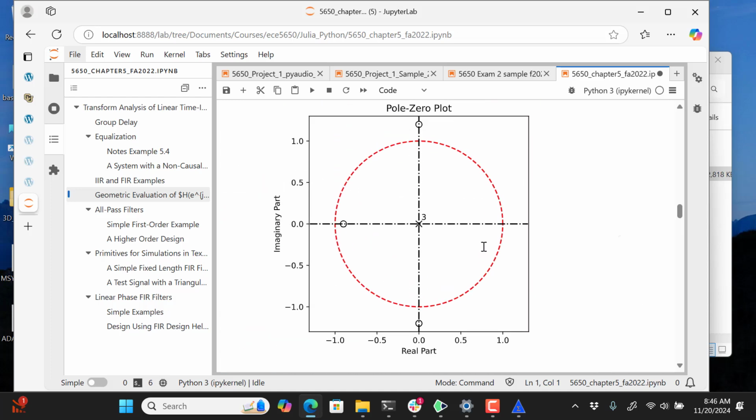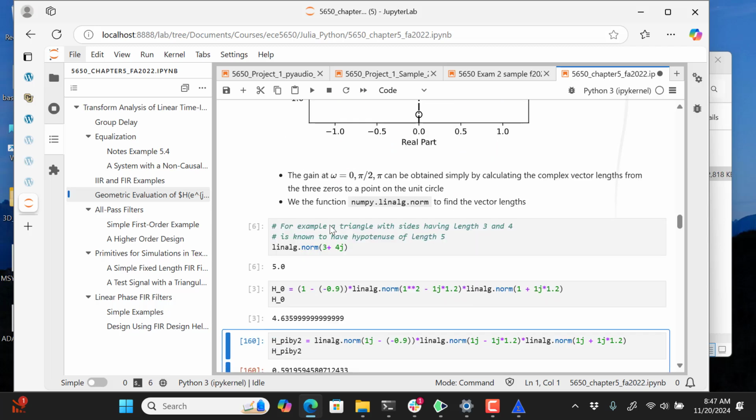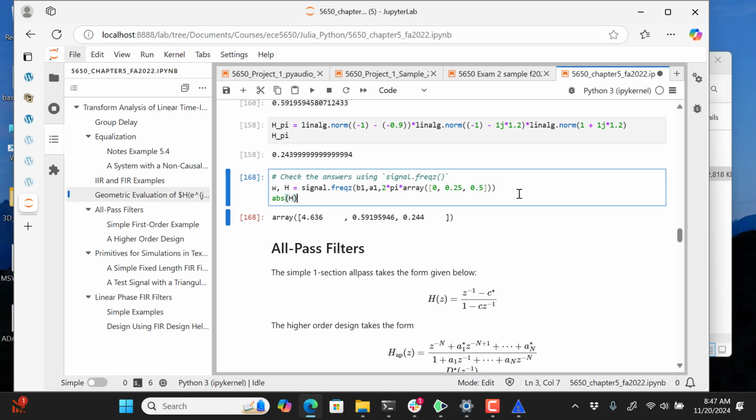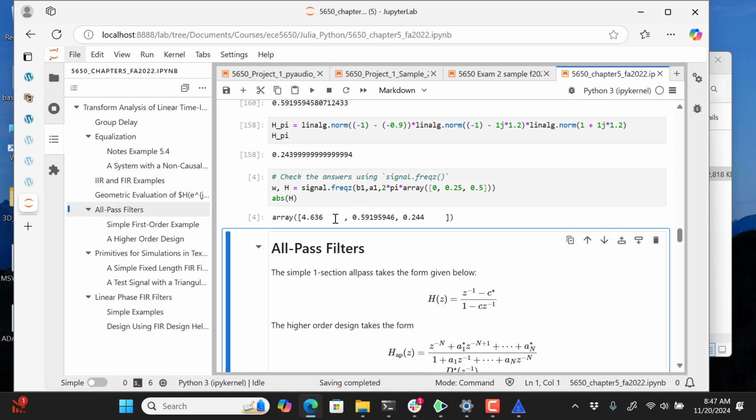So I'd be going back to what I sketched out on the paper, where I'd be putting my dot here to get the magnitude there, putting it right up here to get the magnitude, and then putting it right over here to get the magnitude, those 3 locations. So what I did in Python, as I just said, use freqz, just evaluate those 3 points of my rational system function, and it just gives me the number immediately.